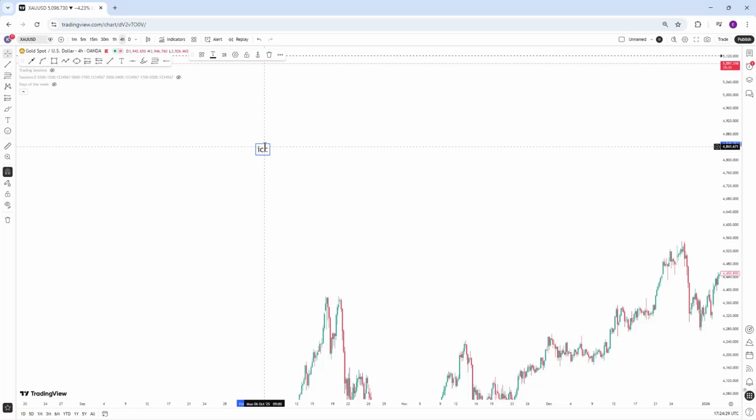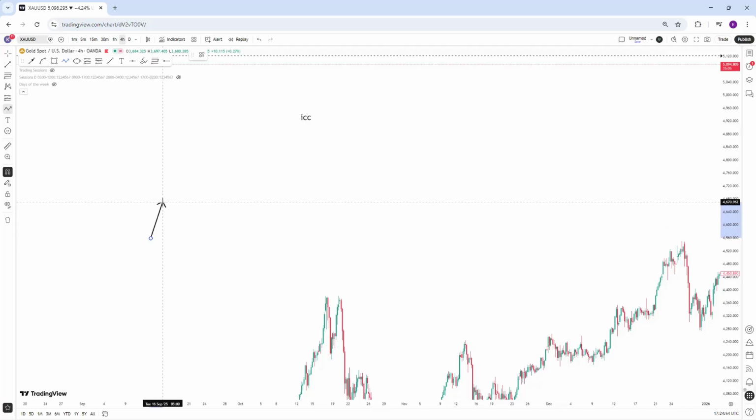So, indication. Let me use some drawings. When you look at the market to be in an uptrend like this one, the market is making high highs and high lows. So this is the previous high.